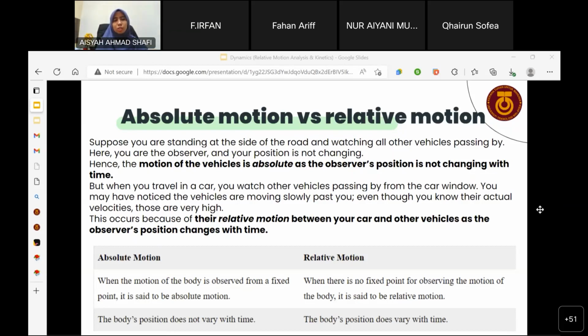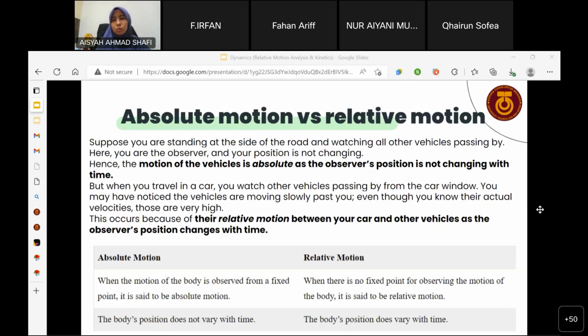Okay, so absolute motion means when the motion of the body is observed from a fixed point. So it is said to be absolute motion. Compared to that, relative motion is when there is no fixed point, because when you are in a car, you are not on a fixed point, you are a moving point.